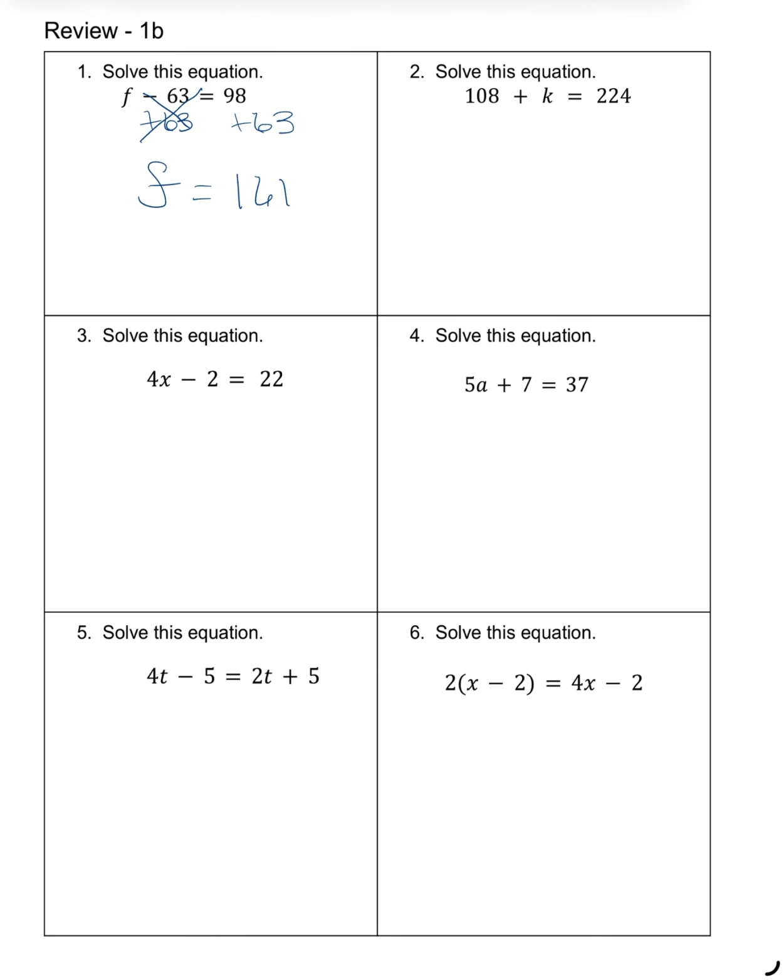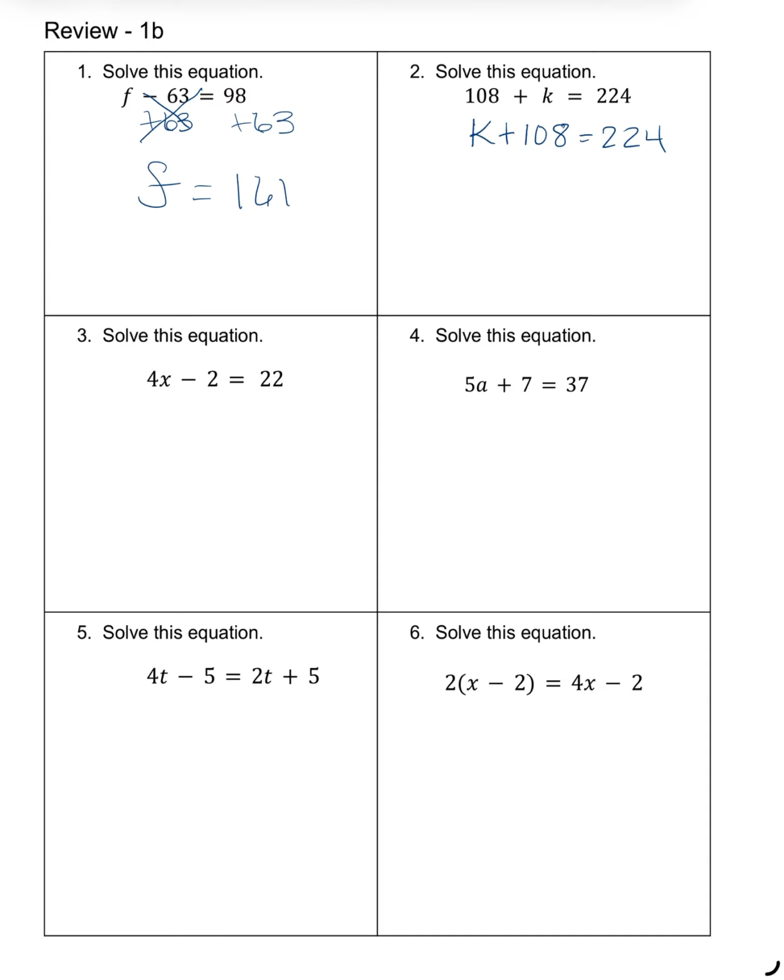So if that 108 plus k is a little hard for your brain to understand, rewrite that as k plus 108 equals 224. Because remember, addition gives us the freedom of moving parts around on one side of the equal sign. We just switch their places.